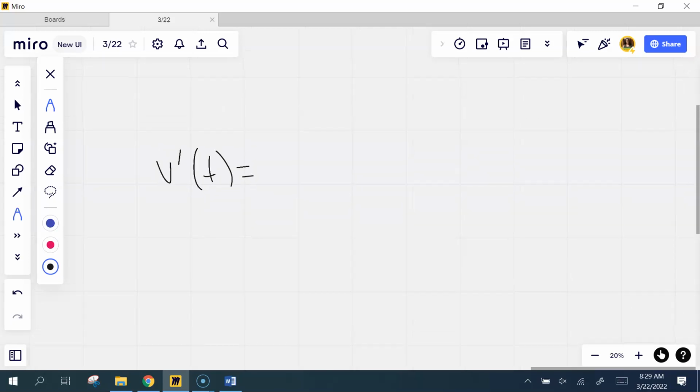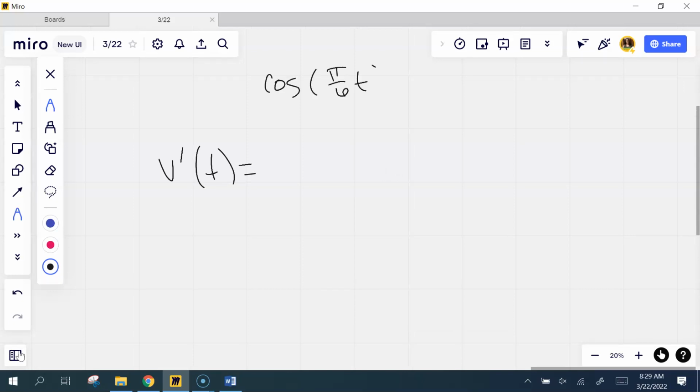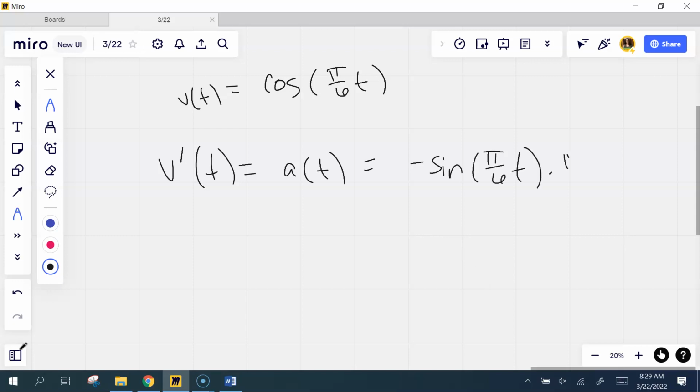If velocity is cosine of pi over 6 t, this is where y'all forgot the chain rule. The derivative of cosine is negative sine of pi over 6 t, times pi over 6. That's 1 point.